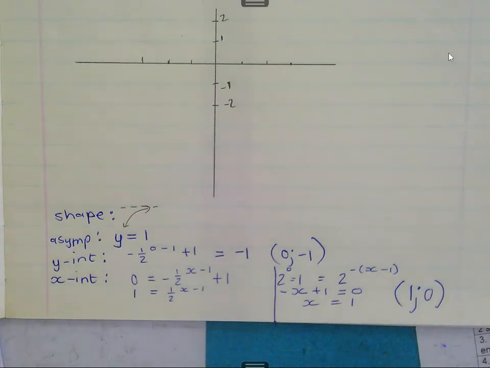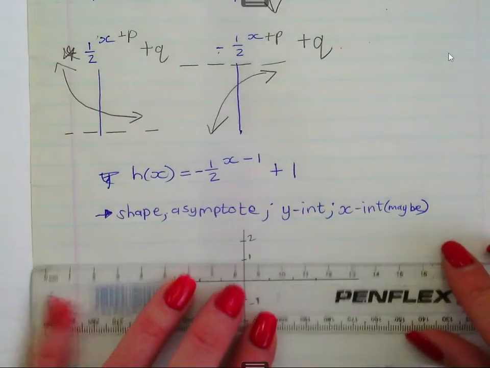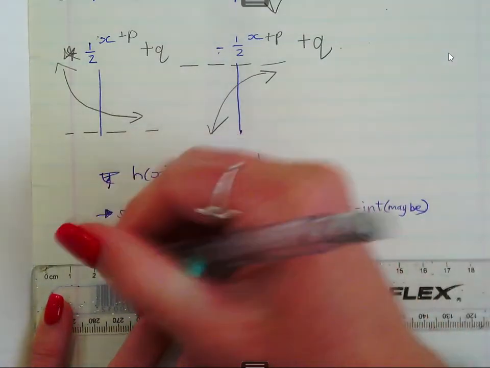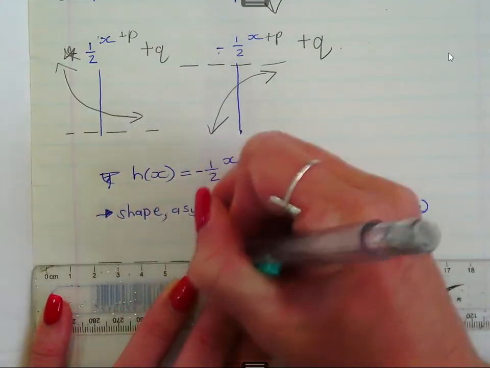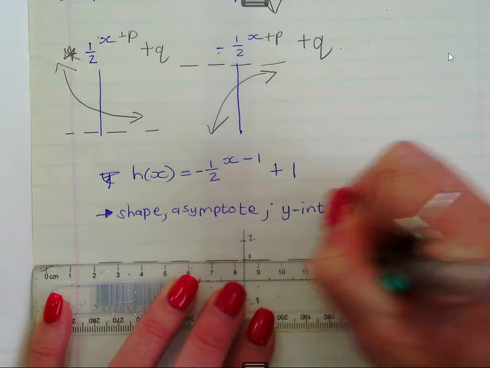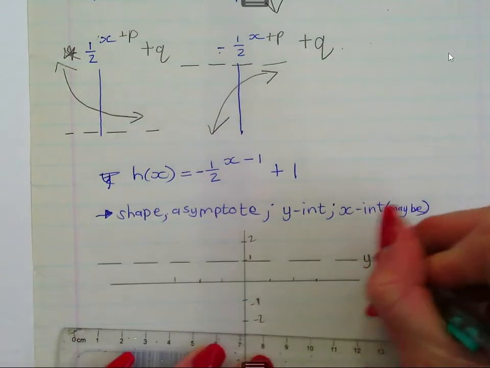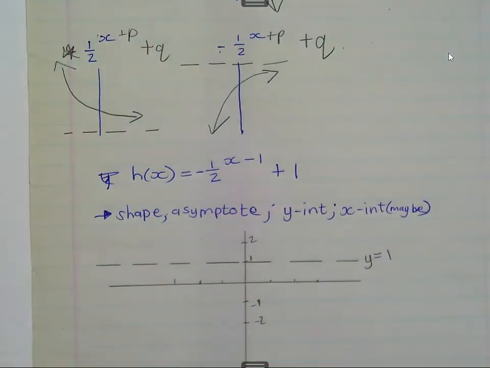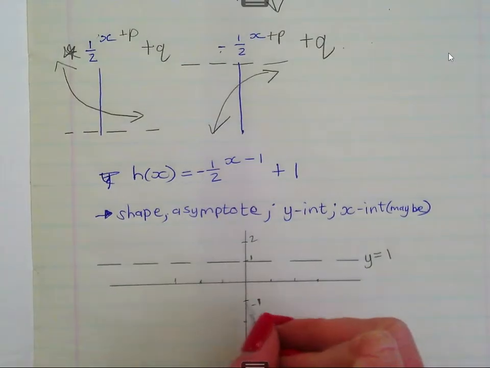Okay, now I'm going to draw it. Always start with the asymptote. The asymptote we said is y equal to 1. Then my y-intercept is 0 and negative 1.